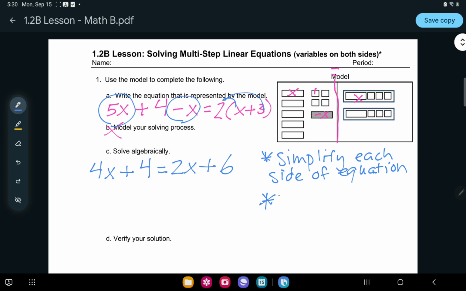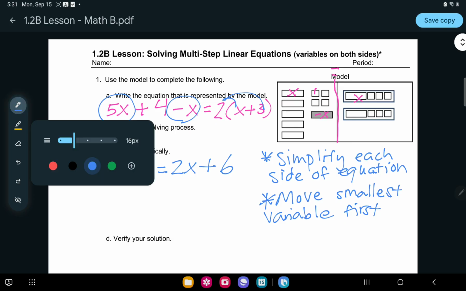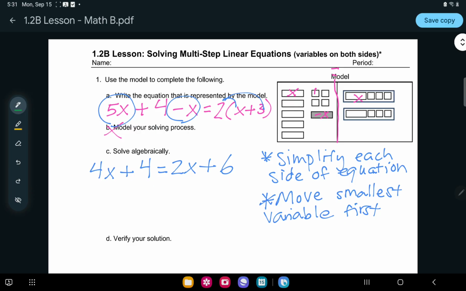The next step is I want you to move the smallest variable to the other side. This is not the necessary way, but it is going to make sure that your life is easier. So 2x is the smaller one here.